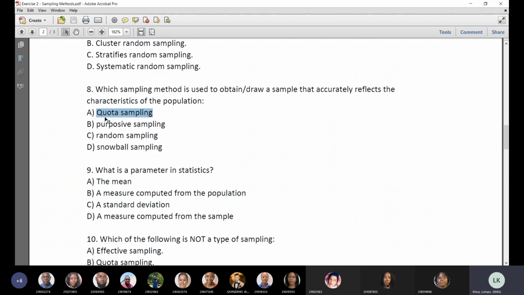Now, quota sampling. This is a non-probability sampling method. Now, the way this works is, let's say you've decided you need a sample of 1,000 people. Instead of using the probability sampling techniques that we talked about, you can just sit maybe at a mall and ask anybody who's coming, please, would you want to fill in this form? If they say yes, you give it to them.